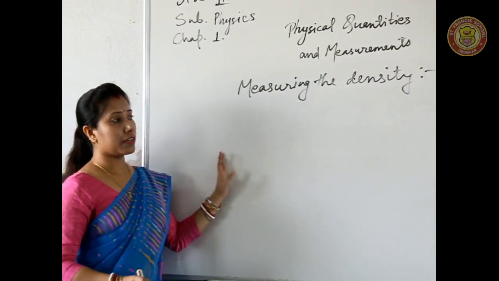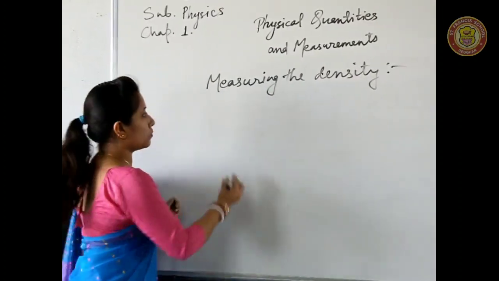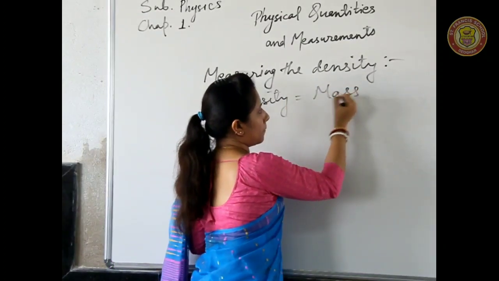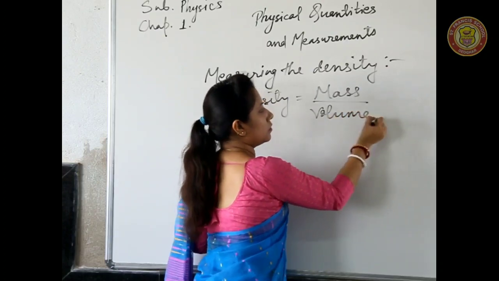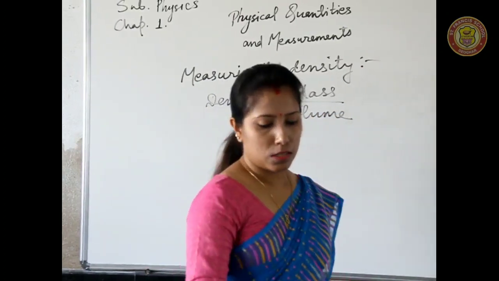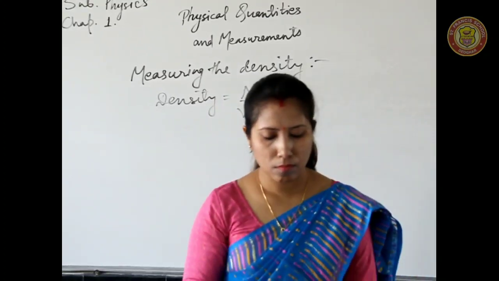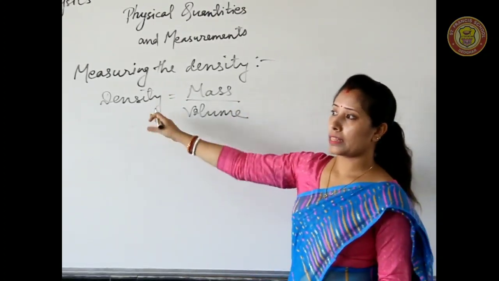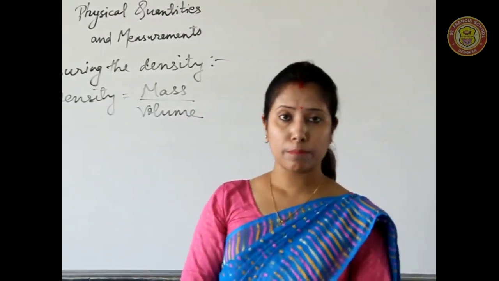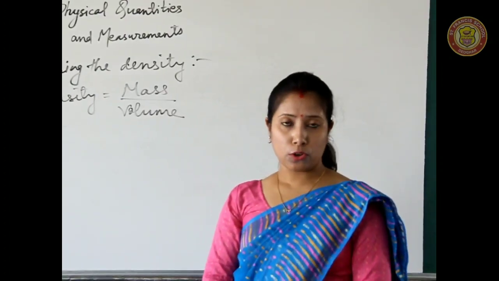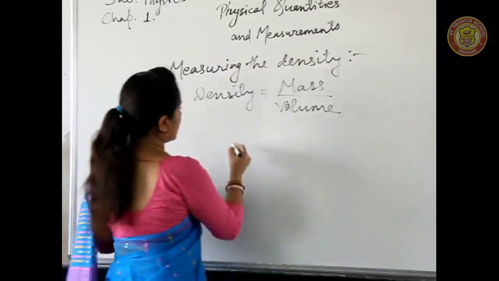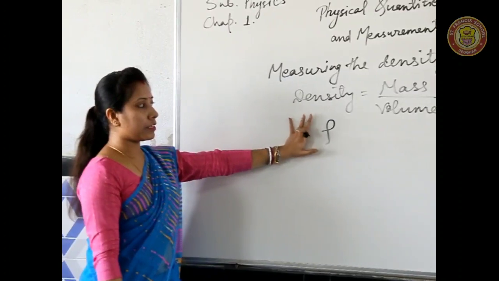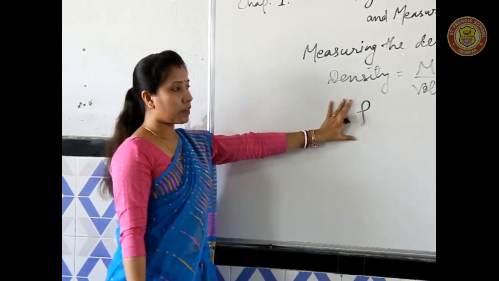So, density equals mass by volume, and this quantity density is denoted by a Greek letter rho. Density is denoted with the help of a Greek letter rho.